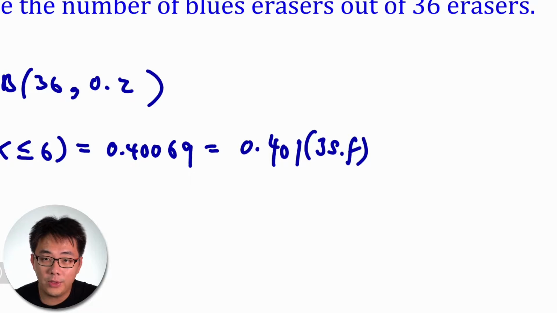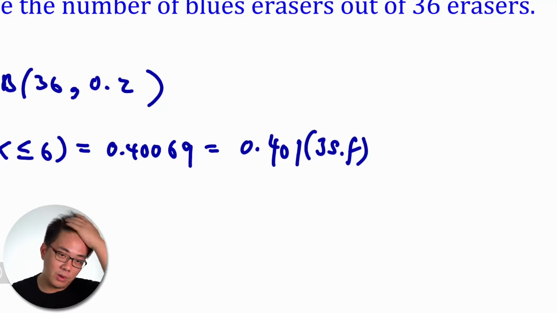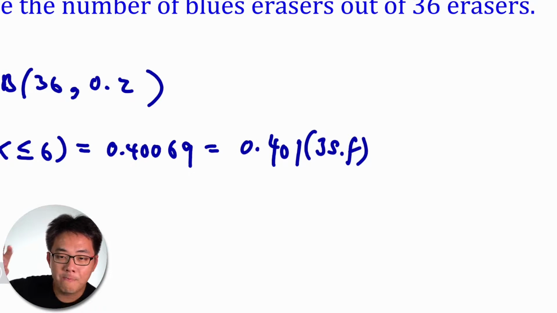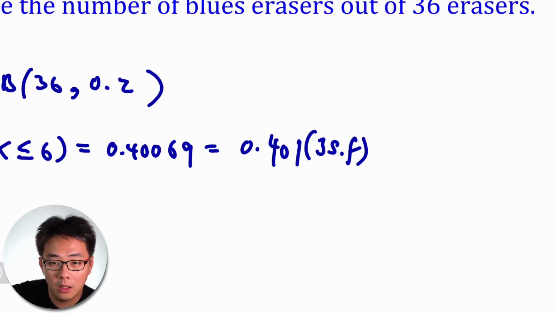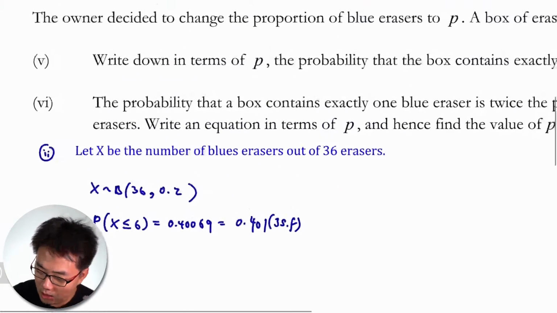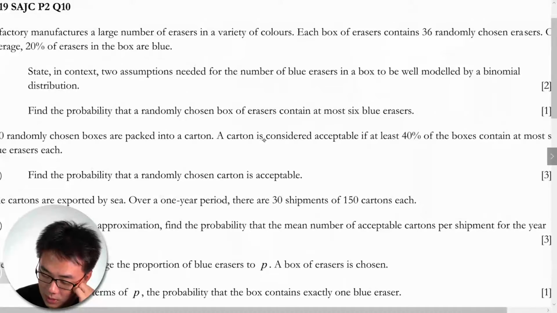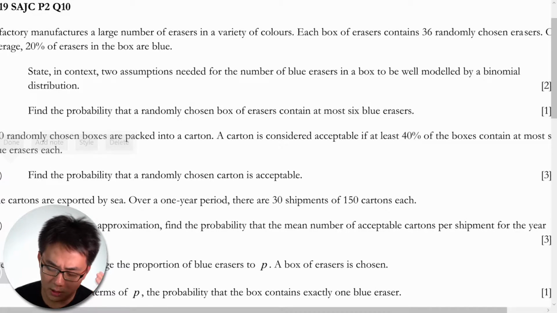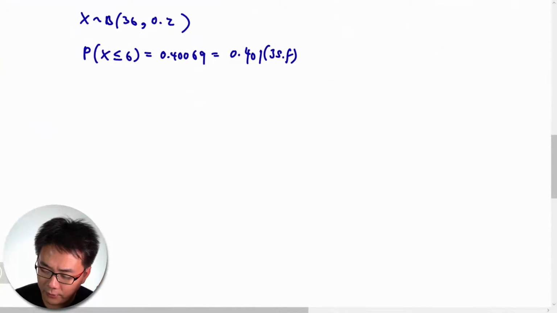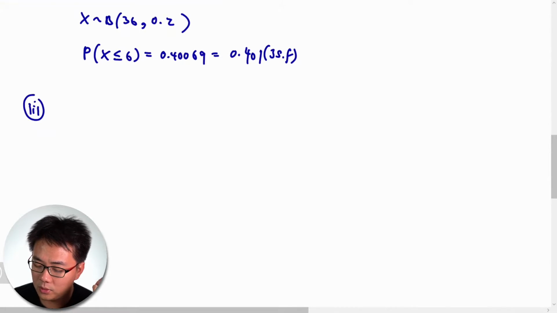What we're going to get is, you choose one box, the chance of a box containing at most 6 blue erasers, which is actually the chance from part 2. This is quite a common question, which we did many times.